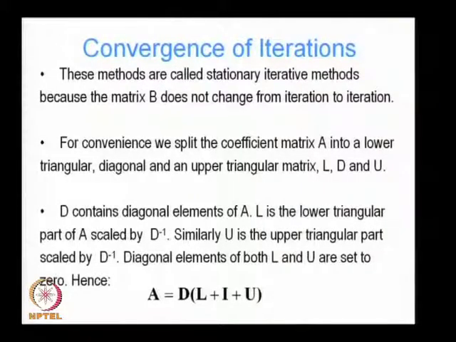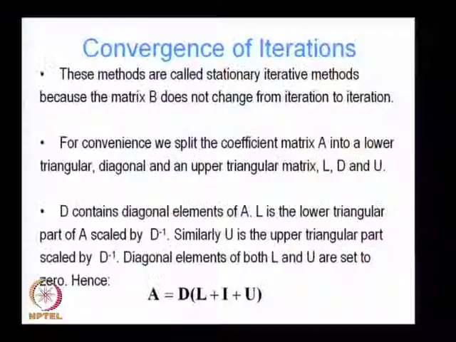For convenience, we split the coefficient matrix A into a lower triangular, a diagonal, and an upper triangular matrix L, D and U. D contains the diagonal elements of my original matrix A. L is the lower triangular part of A scaled by D inverse. D inverse contains the inverse of the diagonal terms on its principal diagonal.